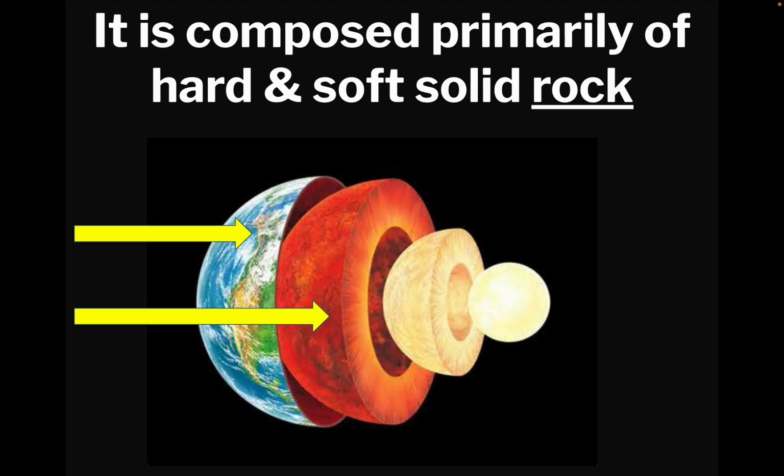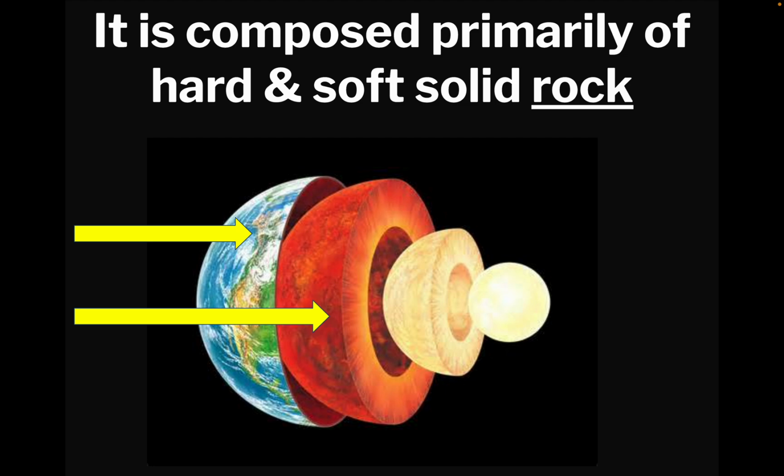So the very outer layer, it's called the crust, and then there's a thicker layer inside that's kind of, I'm showing it, it's like a red, really thick kind of orangish red. That's the mantle.